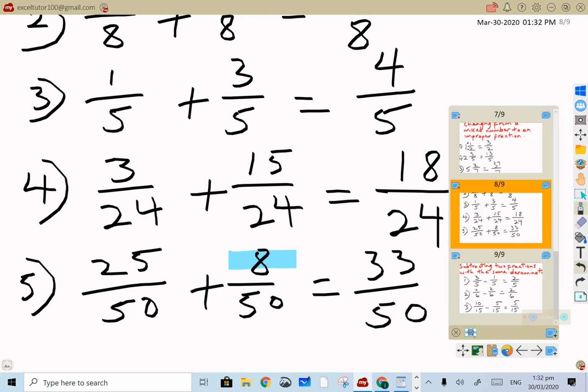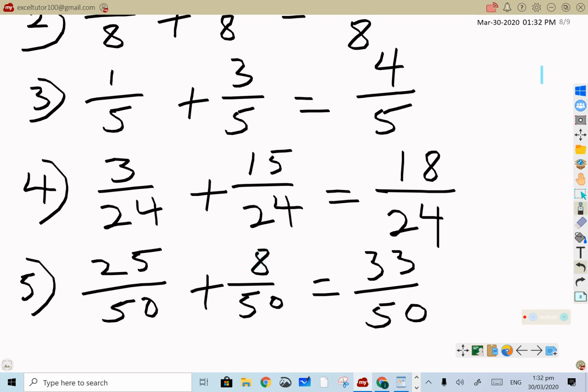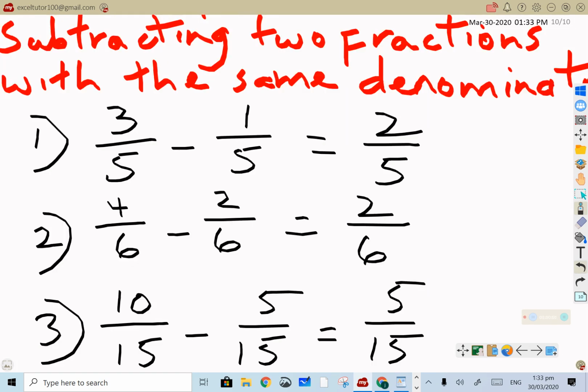If we go on to subtracting, we see that we have the same denominator.